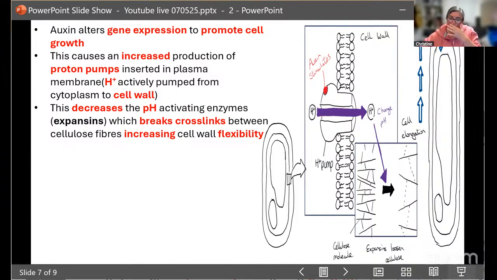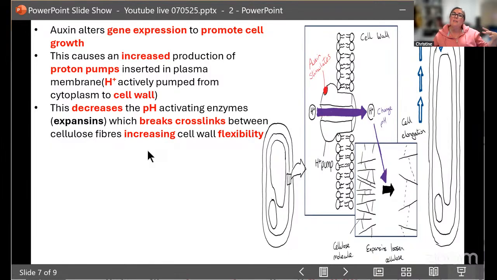So what you then need to know is, because we have this pH that's decreased, because these enzymes have now been activated, we have post-translational modification occurring in the fact that it's been changed. We are going to break our cross bridges. This is OCR A, breaking the cross bridges between those cellular fibers.